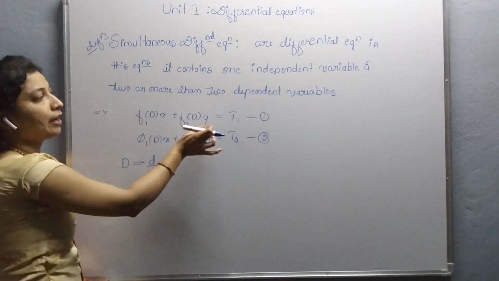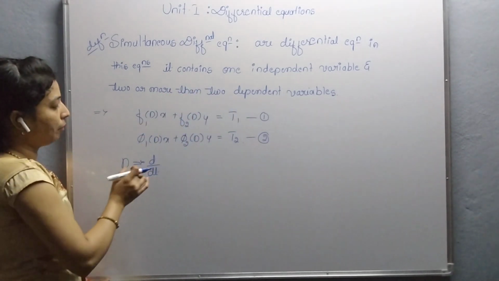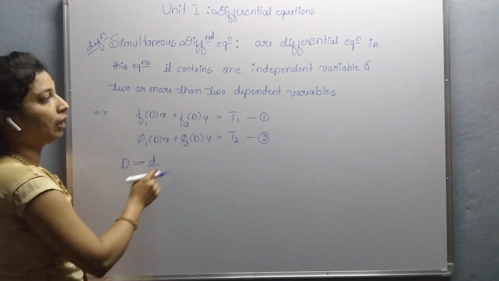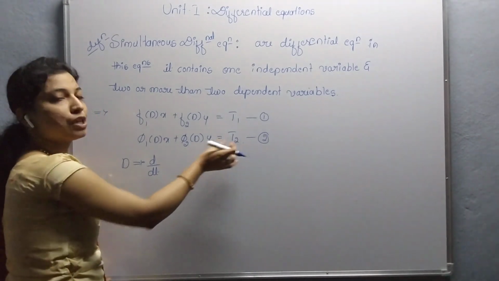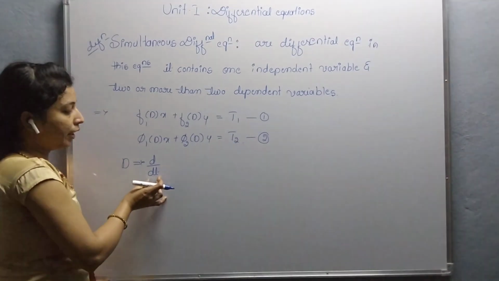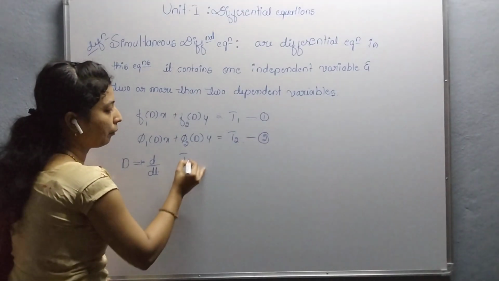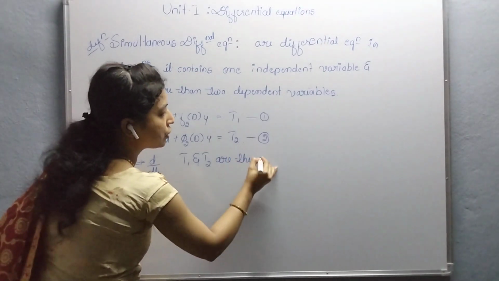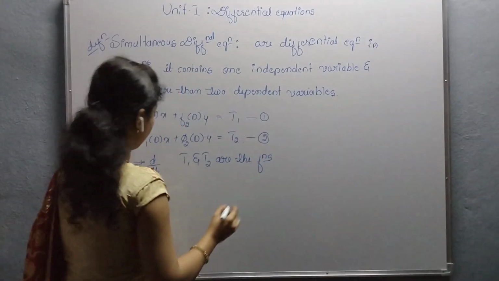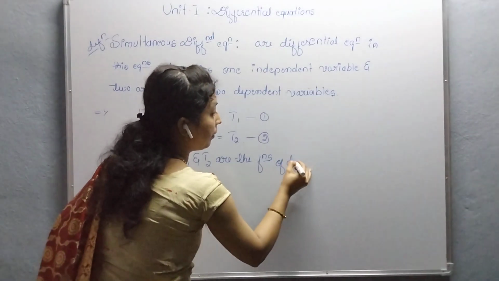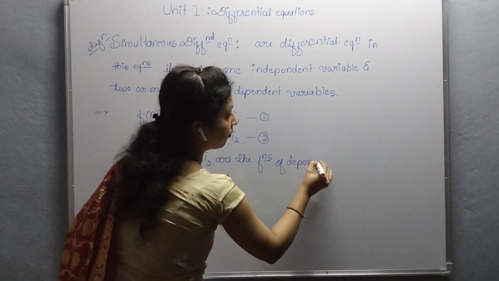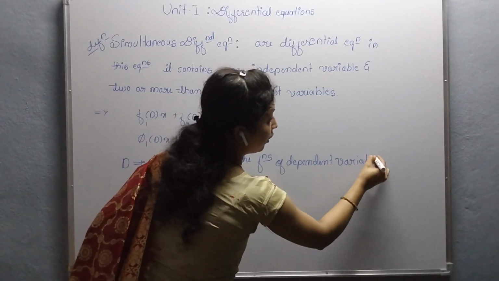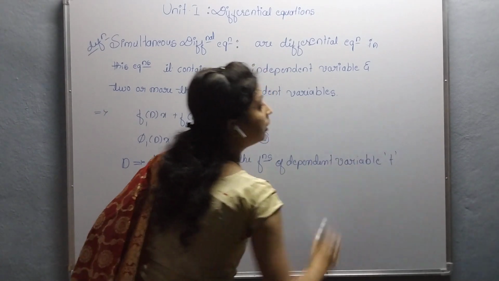It means here x and y are two dependent variables and the term small t is the independent variable, and T1 and T2 are functions of the variable small t.